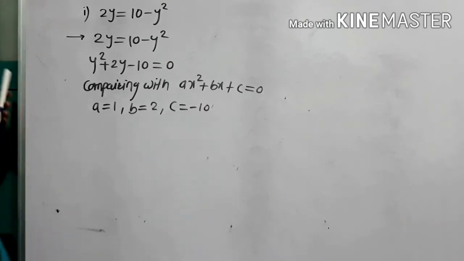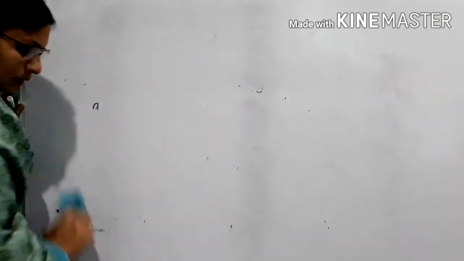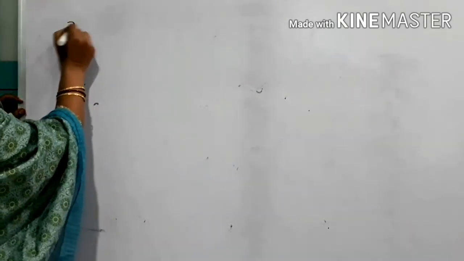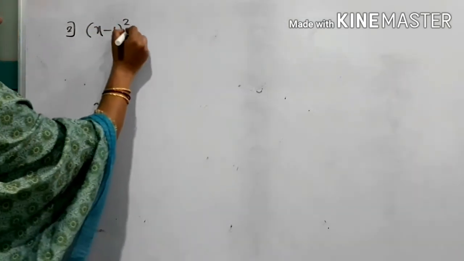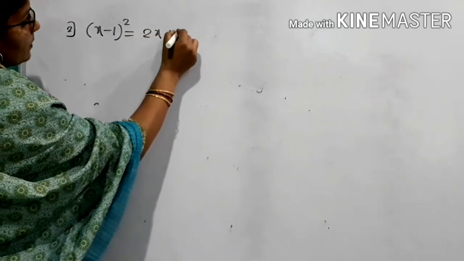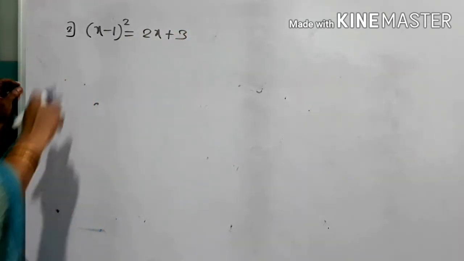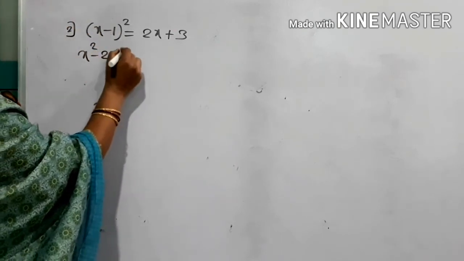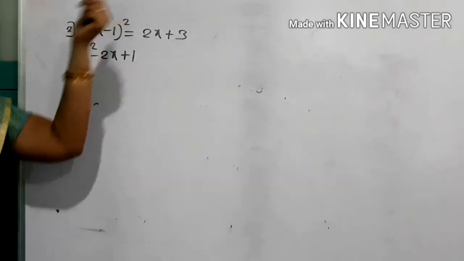Take another example. x minus 1 bracket square equal to 2x plus 3. First solve this bracket. Its square is x square minus 2x plus 1, as we solve a minus b bracket square.